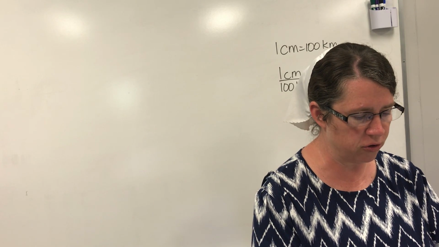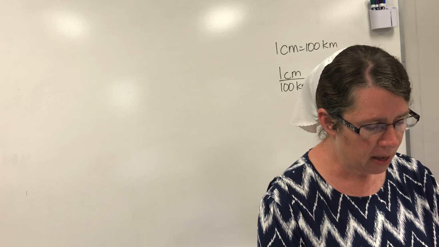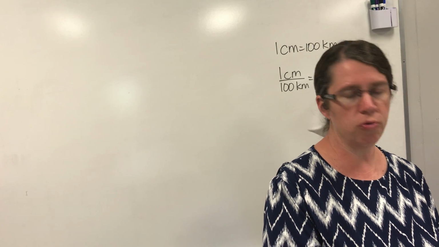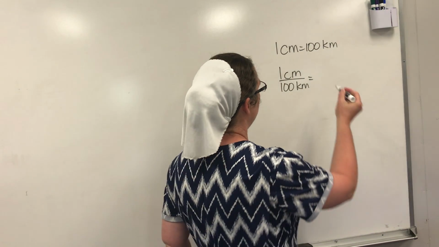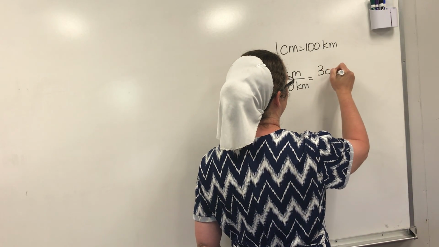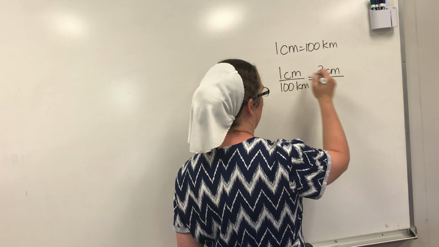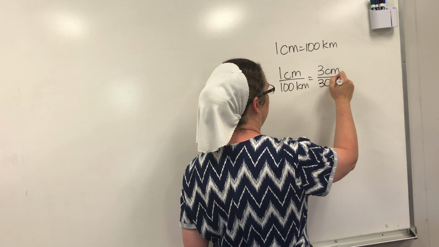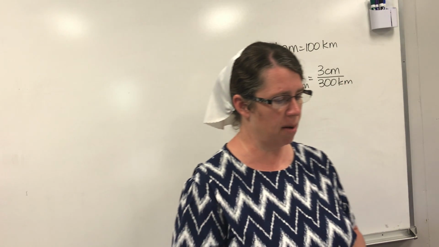I'm going to measure also here. You should have come to 3. Did you find 3 centimeters? So if we have 3 centimeters, we put it here. Again, you multiply 3 times 100 divided by 1 is 300 kilometers. That's your answer for number 1.